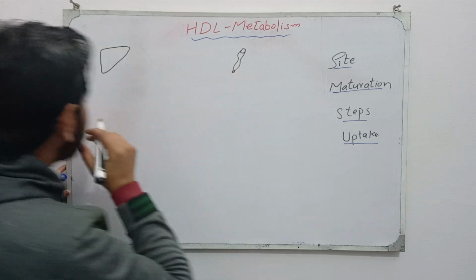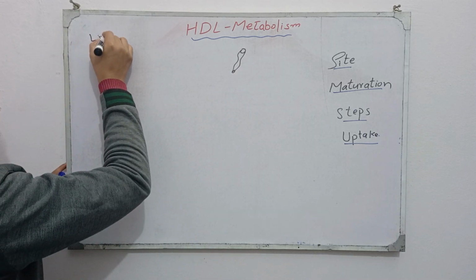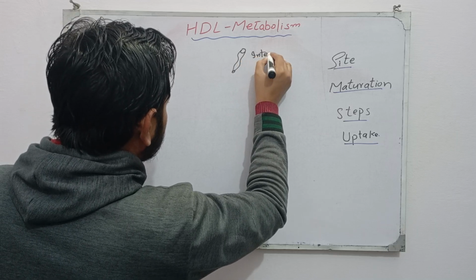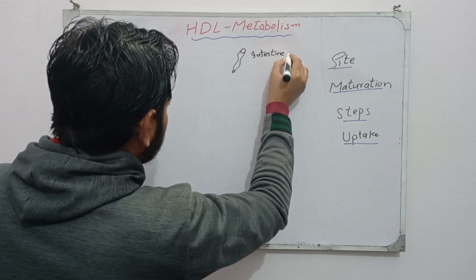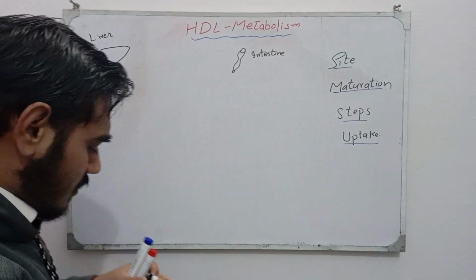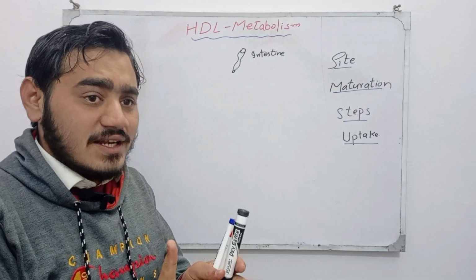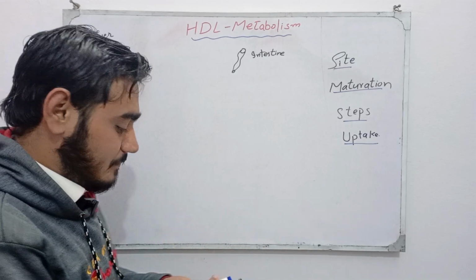This is the liver, this is the intestine. These are the two sites where HDL gets synthesized as a nascent HDL.